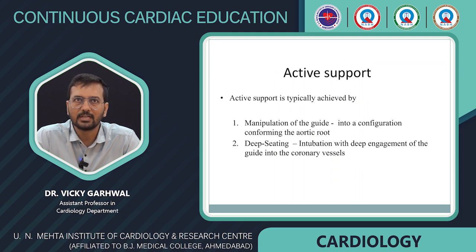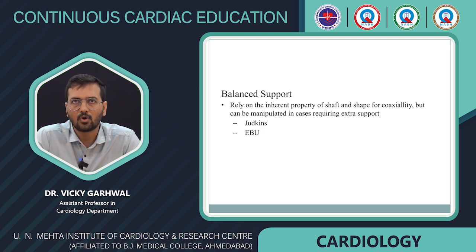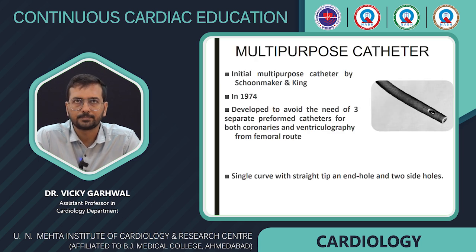Active support is typically achieved by manipulation of a guide into a configuration so it conforms to the aortic root, and deep seating of the guide is done mainly for the RCA, with deep engagement of the guide into the coronary vessels for active support. Balanced support depends upon the inherent property of the shaft and the shape for coaxiality, but can be manipulated in cases requiring extra support with EBU and Judkins catheters.